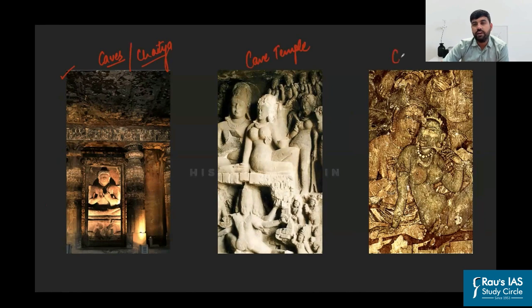And the last one is cave paintings. It is mostly in Ellora. So here, it's not only Buddhist, Hindu and Jain are also there. It is Buddhist. Right? This is in Ajanta, and this is also Ajanta. Got the point? Moving ahead.